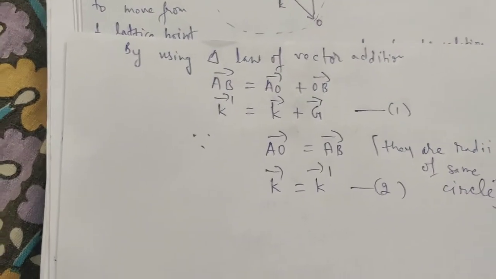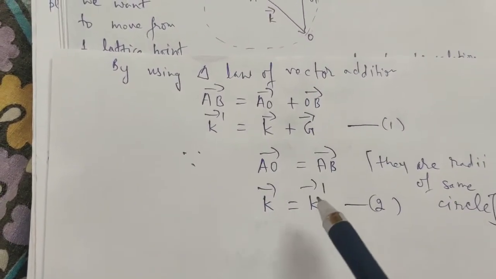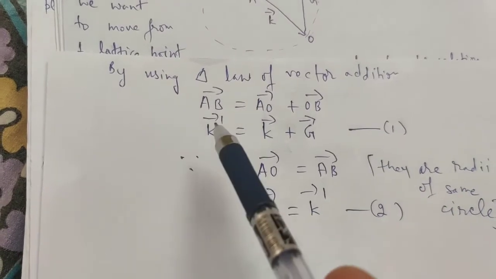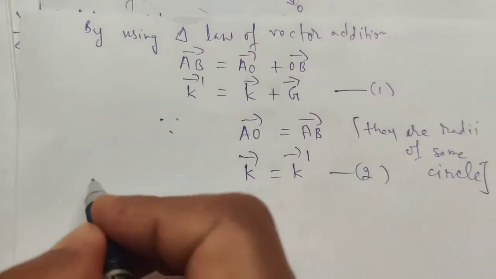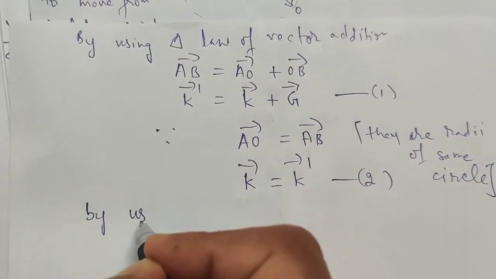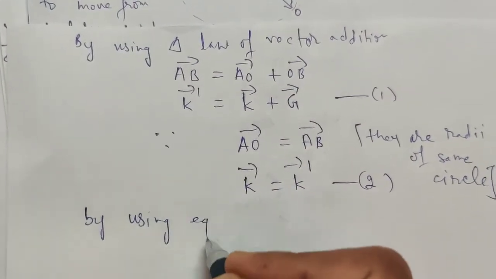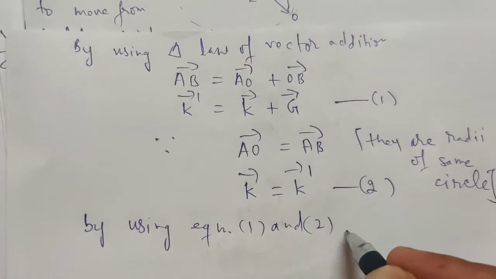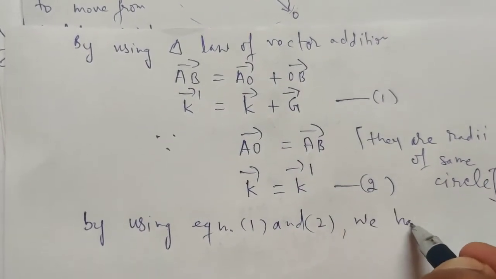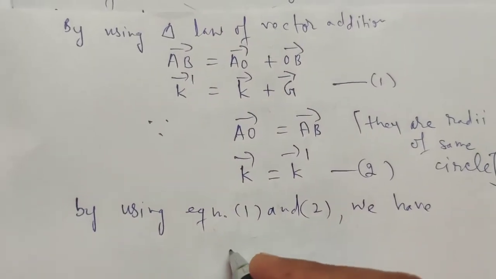Put the value of K dash into equation 2. The value of K dash is equal to K plus G, by using equations 1 and 2.